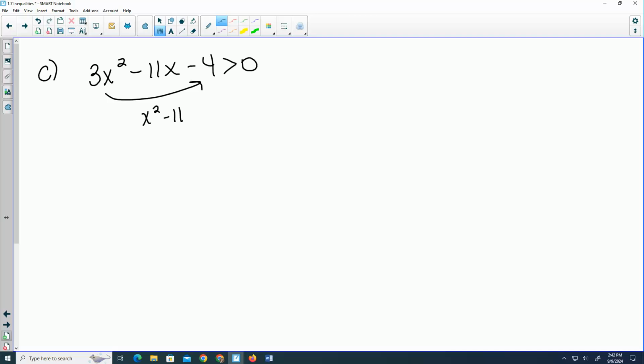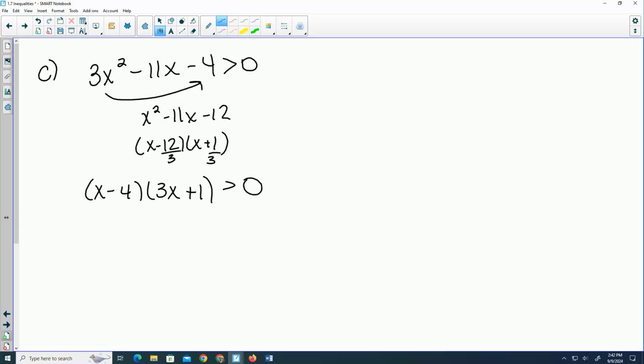X squared minus 11x minus 12, so that factors as x minus 12 plus 1. Divide our 3. Once we get it factored, then we make our sign.